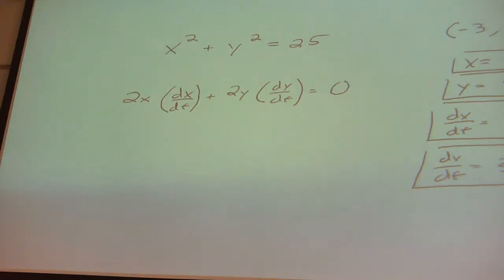Give it 1 more minute, plug everything in, and then solve for what you have left.